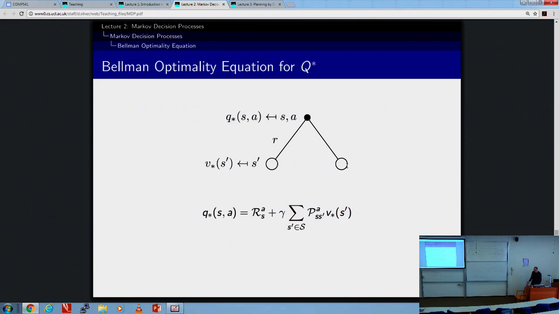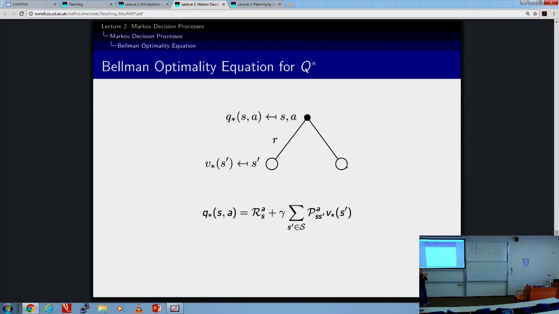I can do it the other way. So what is the consistency equation for Q star? Whenever you're in state S and take action A, first of all, you get this immediate reward. There is no question about that. But then there is a random event. The environment sends you to different states, even though you picked an action.